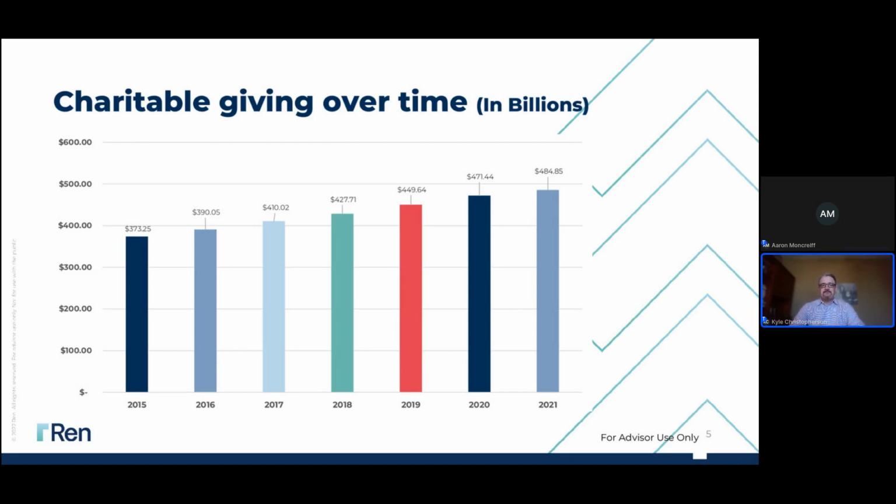And so of those individuals that are concerned about those charities, 59% of them are willing to give more to charity in times of a recession or times of poor economic conditions. So again, when we look at these numbers, 61.66% increase in total charitable giving just from 2017 all the way up to 2021.